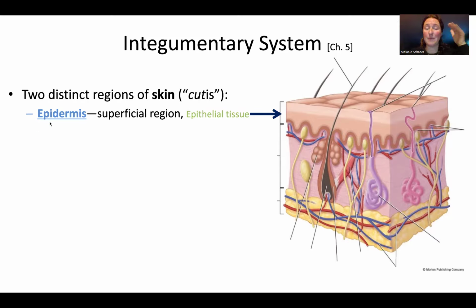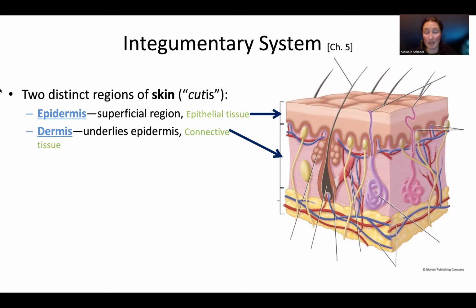Epi means on top of or upon. And so epi, this is upon, it's on top of the dermis. The dermis, right, is just deep to the epidermis. And so this is made of connective tissue. So both of these things together are what we consider to be our skin, right?